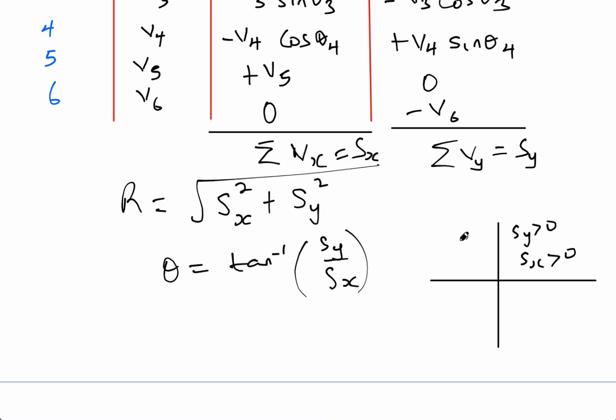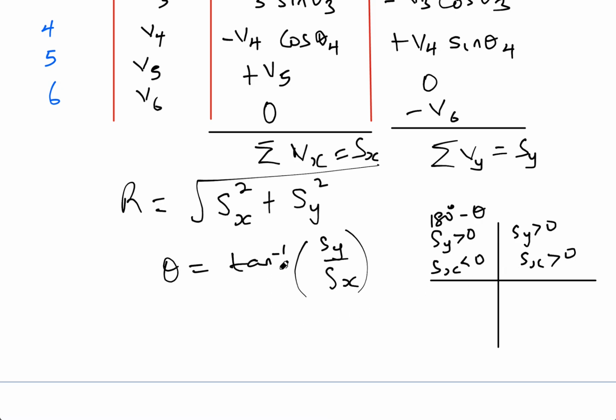Now, let us say you have sy greater than 0 and sx less than 0. That means the y component is positive, but the x component result that you get is negative. What will be your direction? Your direction will be 180 degrees minus theta.